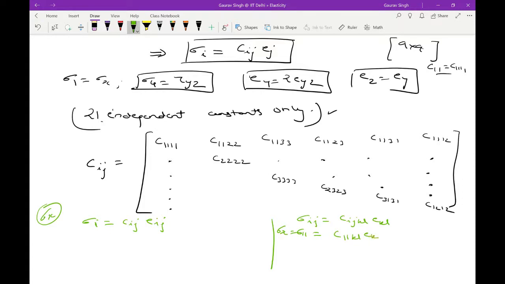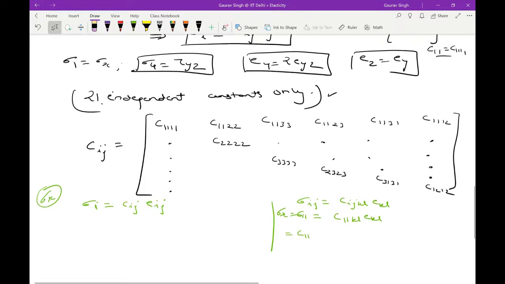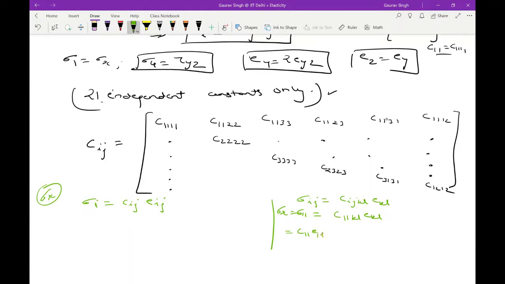kl Ekl. If we write this in the expanded form, we get C111L E1L plus C112L E2L plus C113L E3L. Okay, yes.